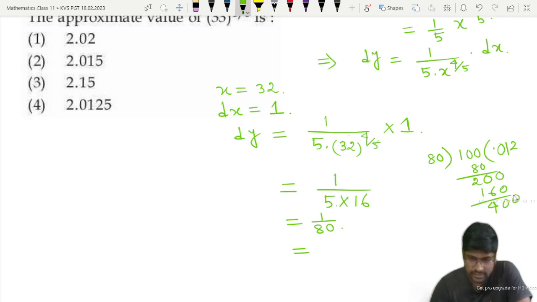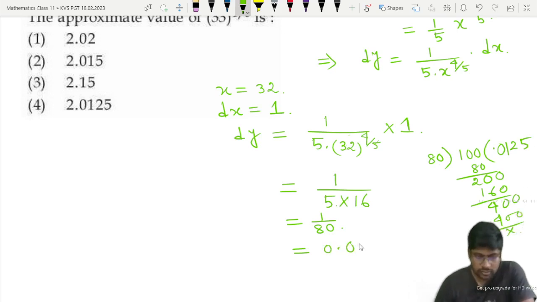One more 0 we will get, 400. So this is 0.0125. Now this is dy, the increment in y.